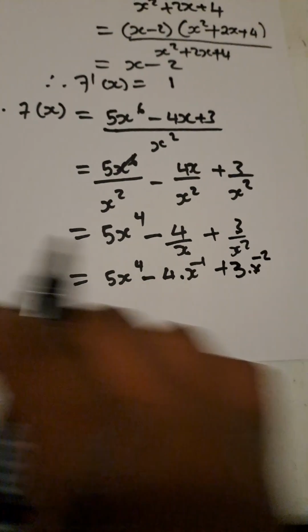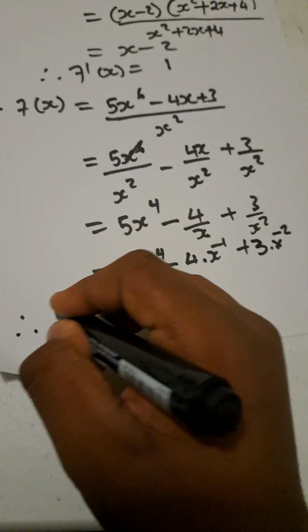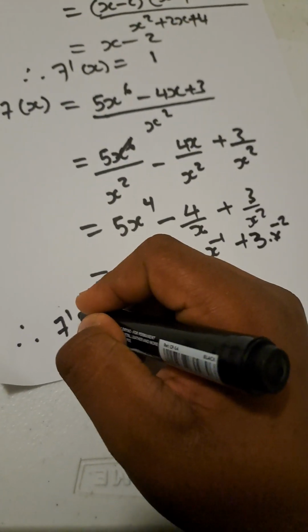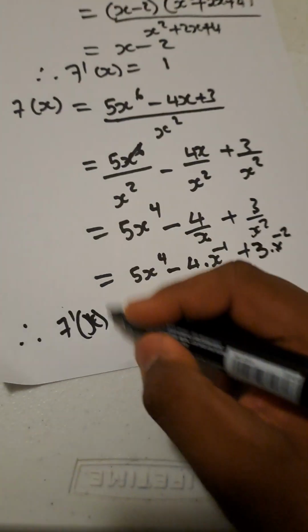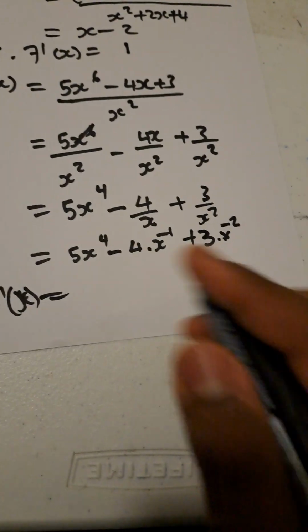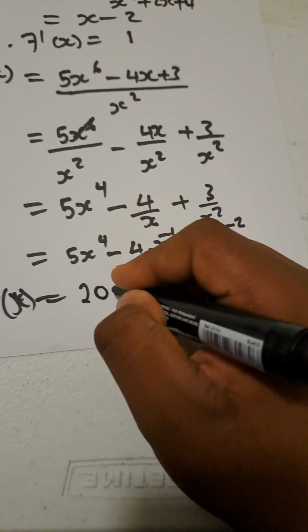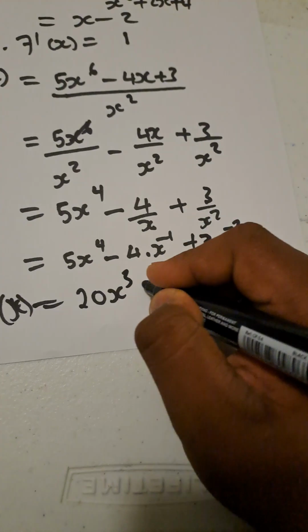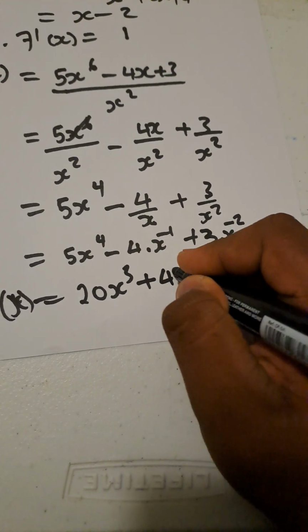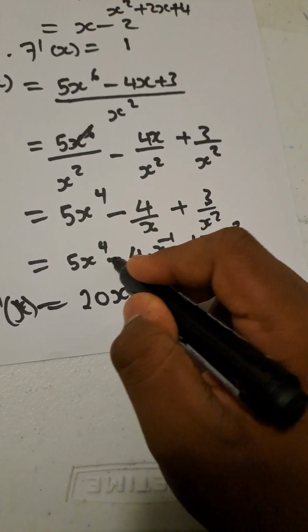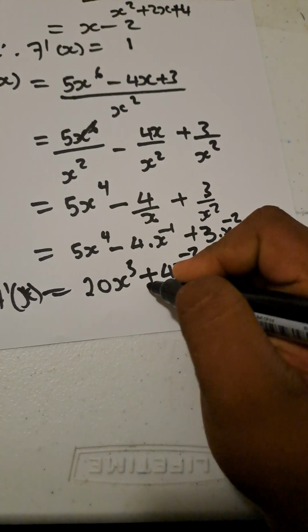Now since I have my straight thing, I can say therefore my first derivative is equal to 5 times 4, which is 20, so it will be 20x^3 plus 4x to the power of minus 2. Remember, a minus 4 and a minus 1 give a positive.